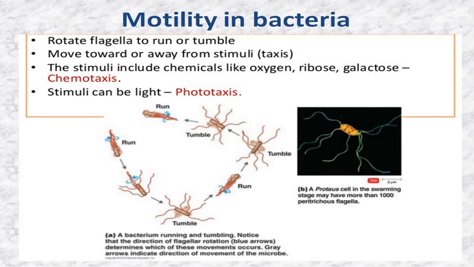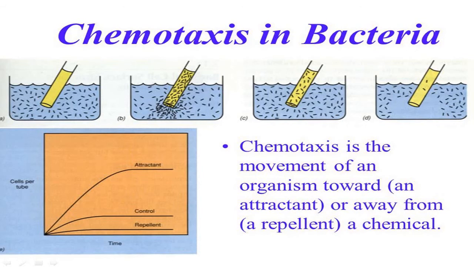If they move in response to a chemical stimulus, it is called chemotaxis, and if the movement is in response to light, it is called phototaxis. Chemotaxis is the movement of an organism towards or away from a chemical. If it is towards a chemical, that is positive, and if it is away from the chemical, it is negative.